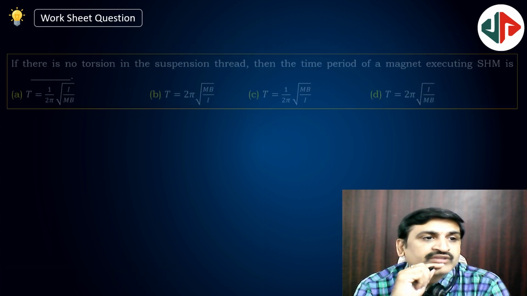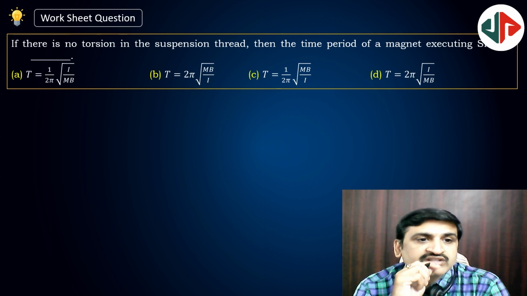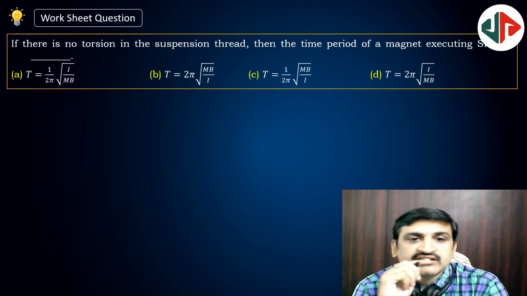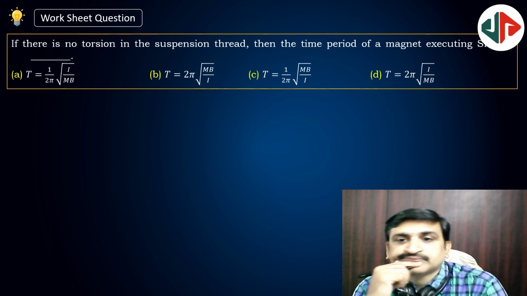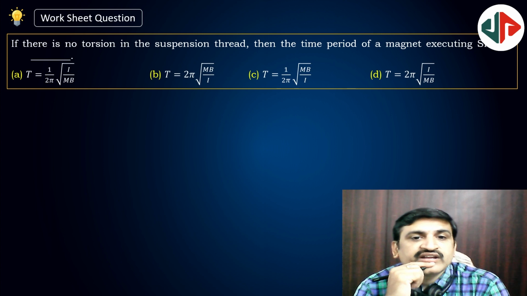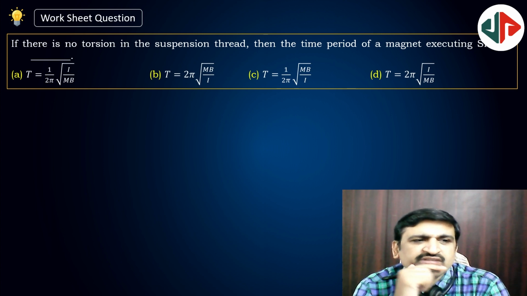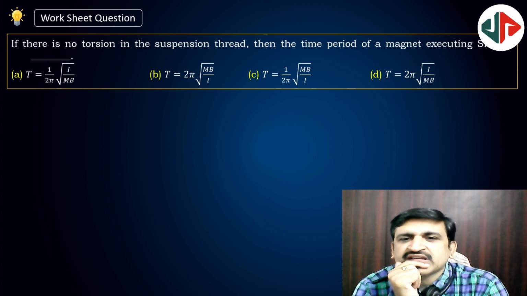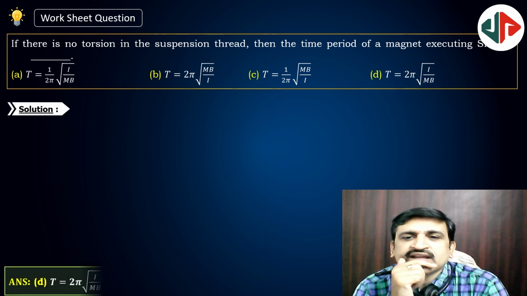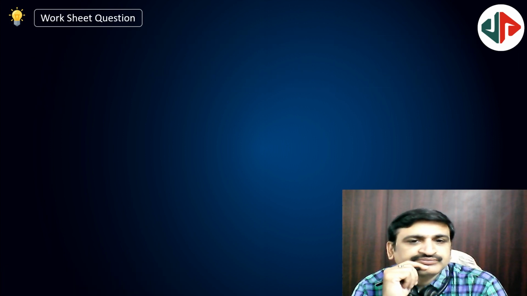Option B. And there is no torsion in the suspension thread. Then the time period of the magnet executing SHM is T equal to 2 pi root I by mB. That is option D.